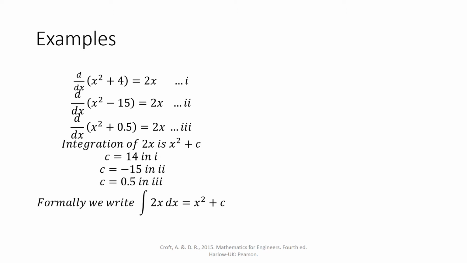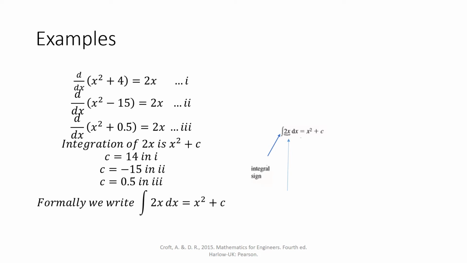Now some terminologies regarding the integration process. The integration of 2x is equal to x square plus c. So in this expression, this symbol is known as the integral sign.